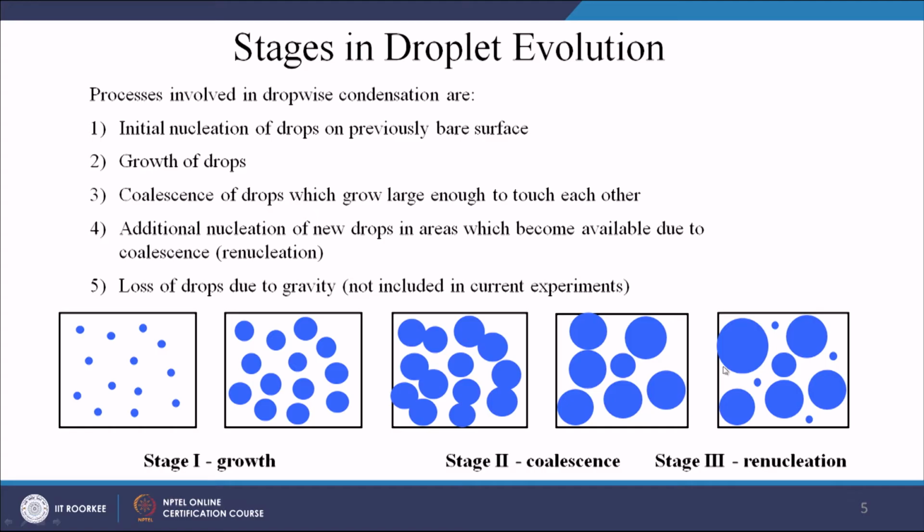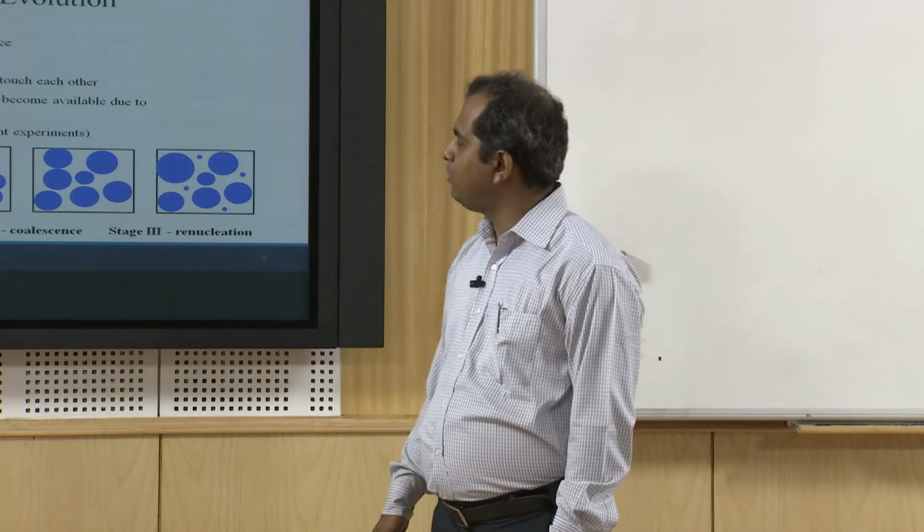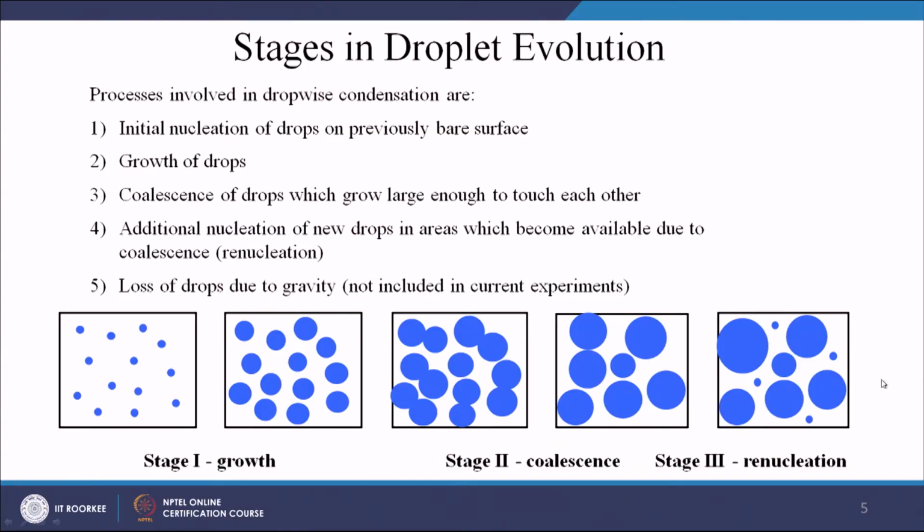But at the same time, if it is on a vertical surface, then with the increase of size the droplet also faces the gravitational pull. So at some point of time, when it is increasing in size, some droplets can also dislodge from the surface.